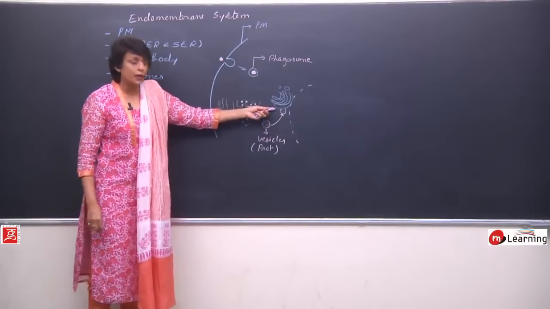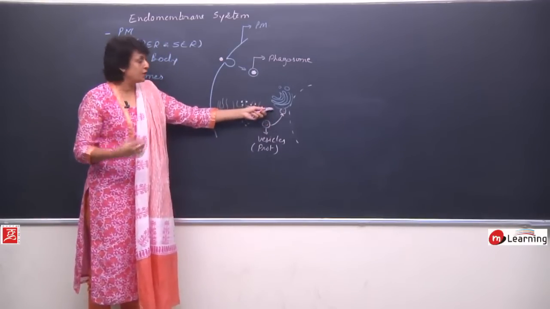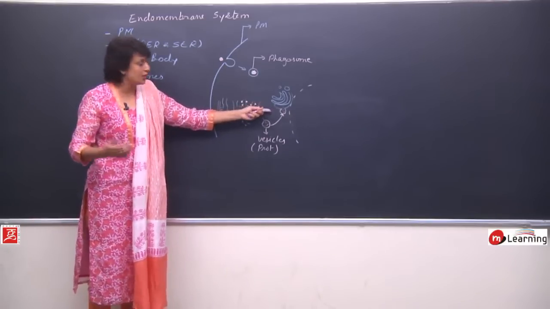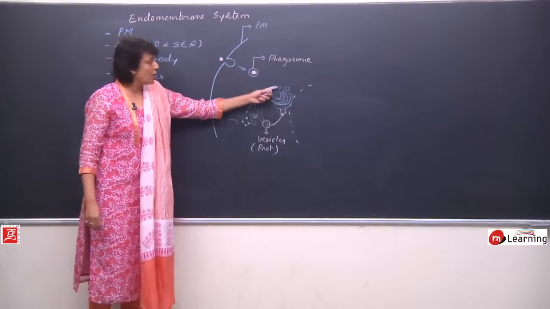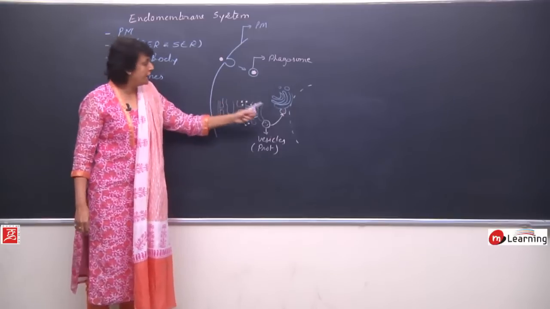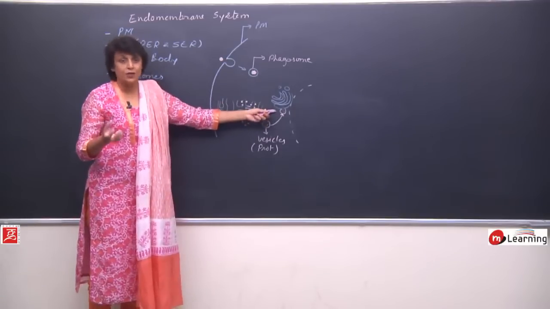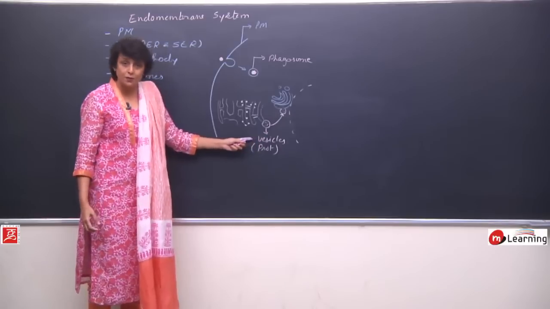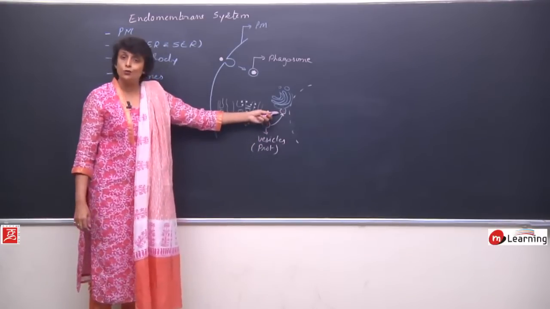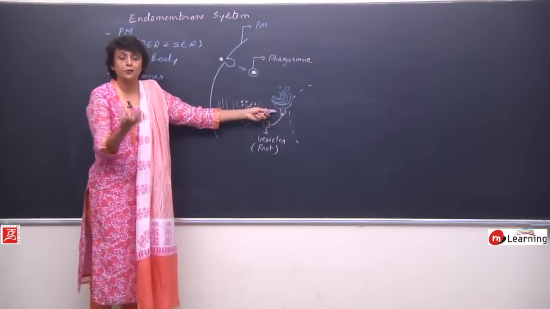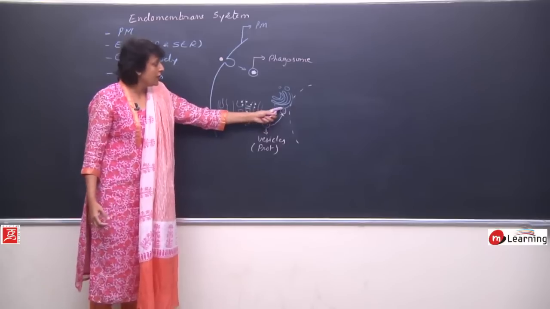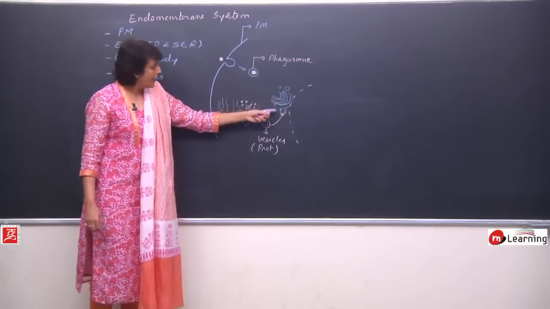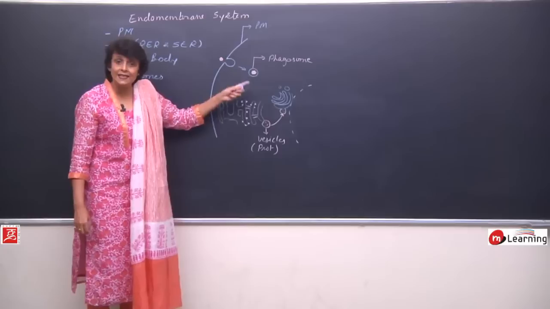In Golgi body, it will undergo modifications, transformation from primary protein to secondary to tertiary, depending upon what is required at the end of it. Say enzymes are required for digestion, so these proteins which are synthesized are primary proteins, and they will be converted into tertiary proteins, they will get into that three-dimensional structure. All this will take place in Golgi body if it is to be used as an enzyme.